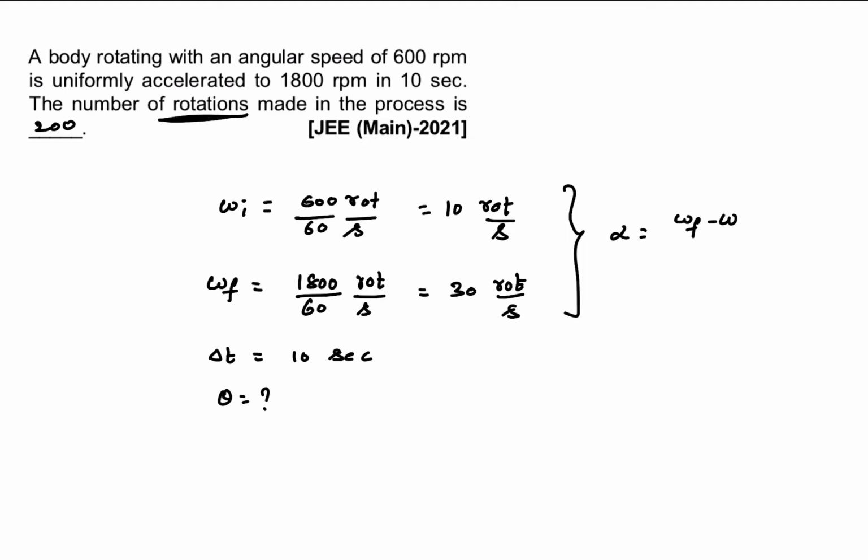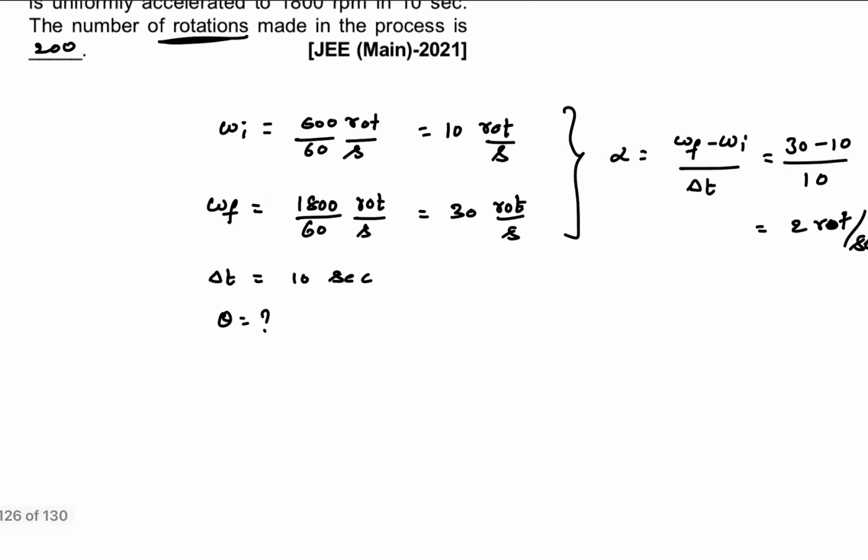Alpha is final angular velocity minus initial angular velocity divided by delta t. 30 minus 10 divided by 10 is 20 by 10, which is 2 rotations per second square.